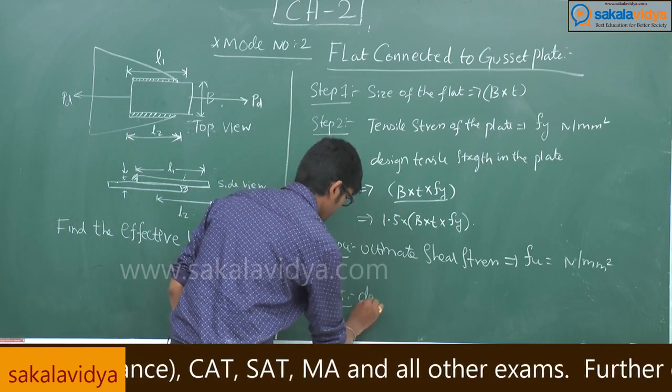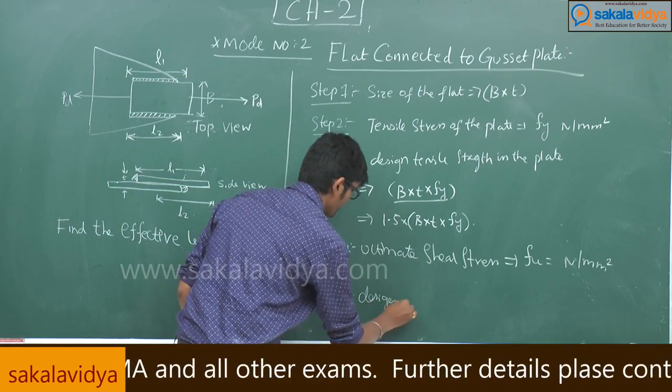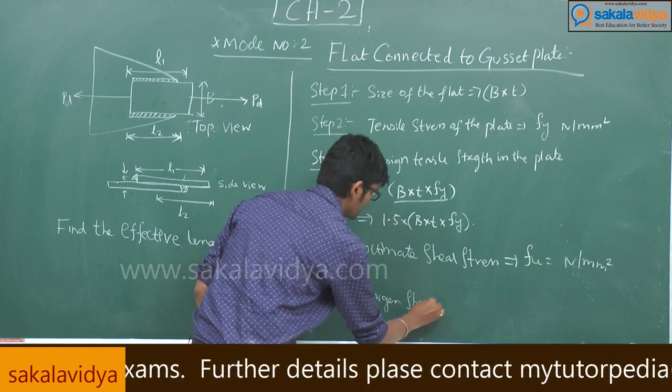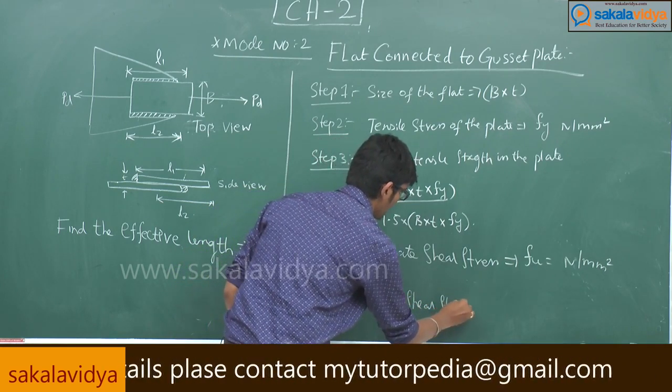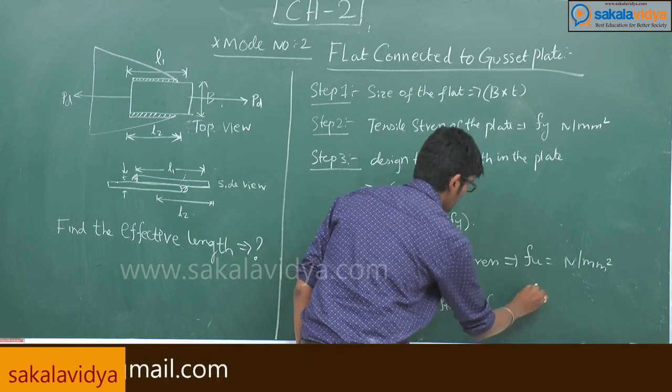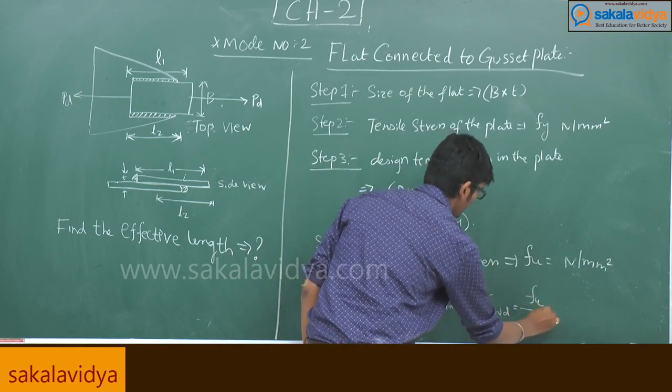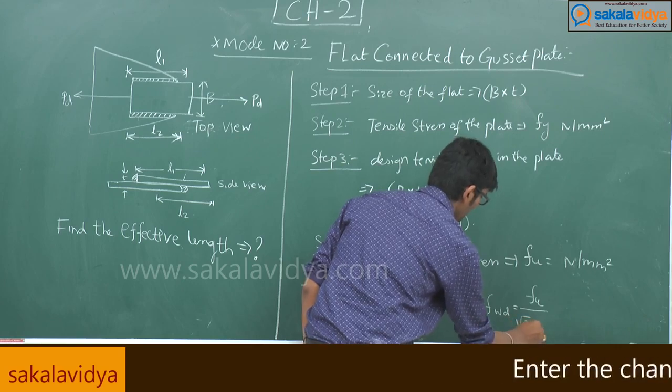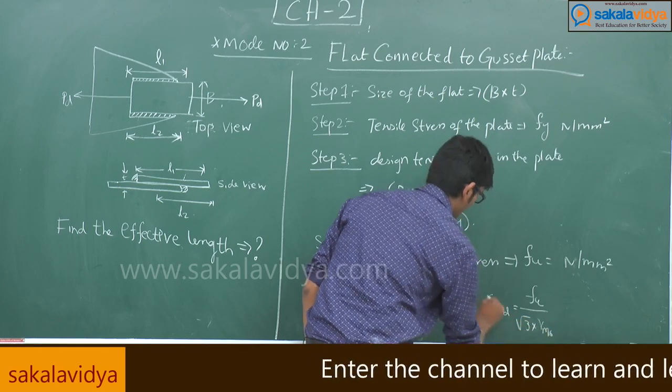Design shear stress in the weld, that is FWD is equal to Fu by root 3 into partial safety factor.